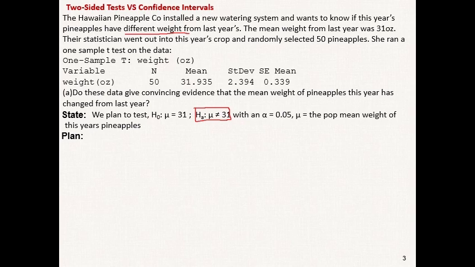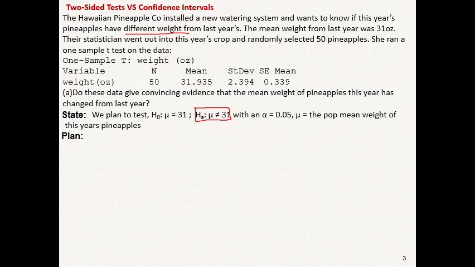Without reading the question too carefully, you might say, oh, there's a new watering system, so the pineapples are going to be bigger this year. But you have to run your test based on the question that they are asking. They asked, are the pineapples different from last year? So our alternative has to be that mu is not equal to 31.